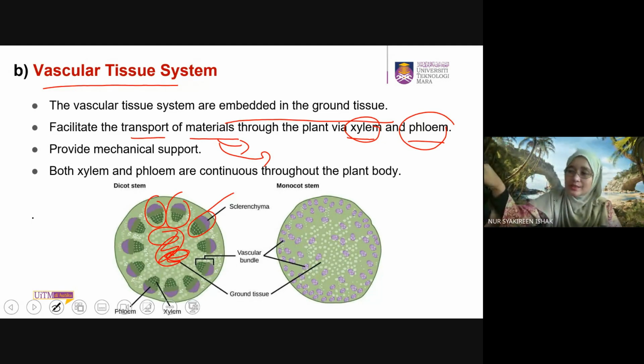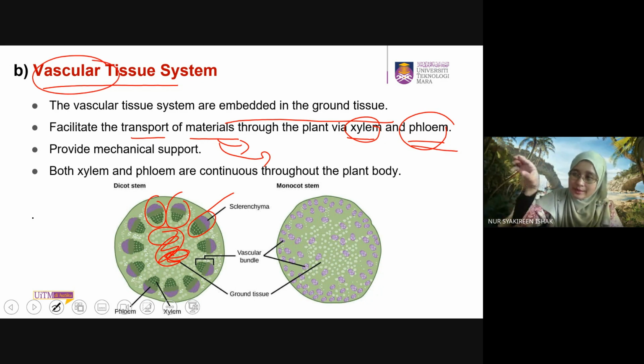So this sugar will be carried along the vascular tissue, the phloem, until it reaches another part of the plant, such as the fruits, to be stored in the fruits. So buah pun rasa manis contohnya, or it travels along the stem until it reaches the roots and is stored in the tubers. Jadilah potato, macam tu, kan.